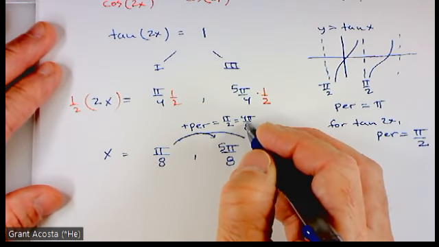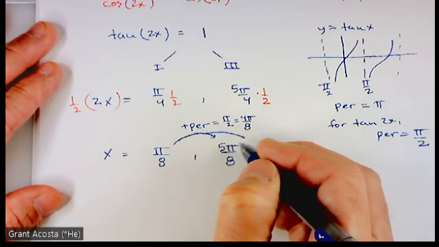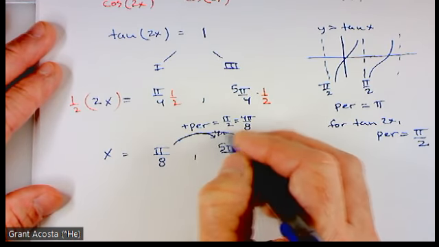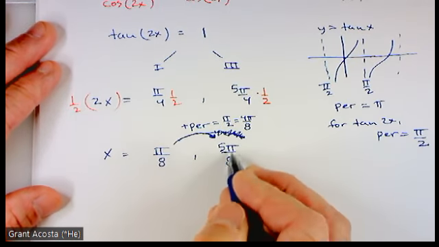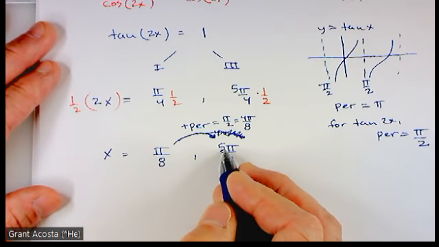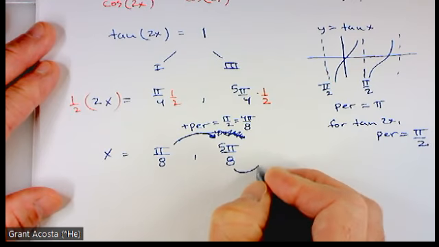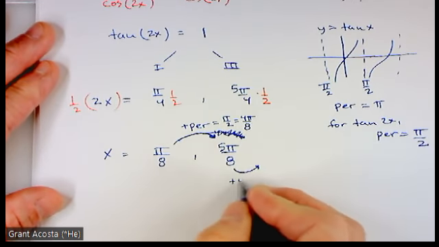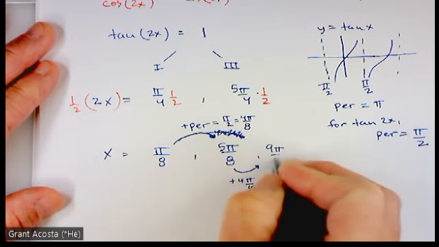And this is just a weird thing with tangent. Notice when I add 4 pi over 8 plus pi over 8, I actually get 5 pi over 8. That's actually why I knew that was going to happen. That's why I drew the arrow here. So you end up getting the second answer, which we already have. Let's just keep going from here. If I add 4 pi over 8 to that, I get 9 pi over 8.